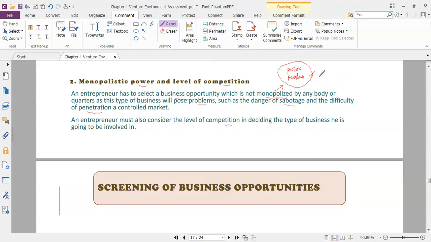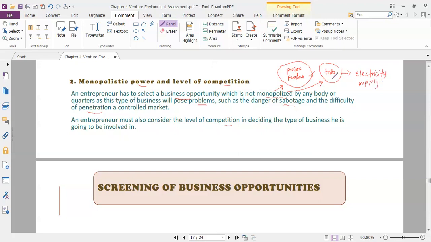Another example, monopolized economic such as TNB. TNB is the company that offers the electricity, right? So it's very difficult to have the business in electricity supply, because it is monopolized by the government itself.